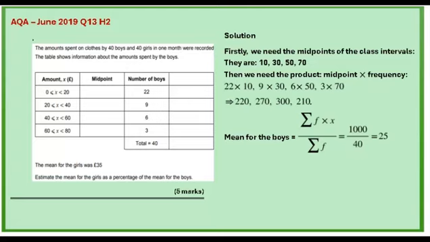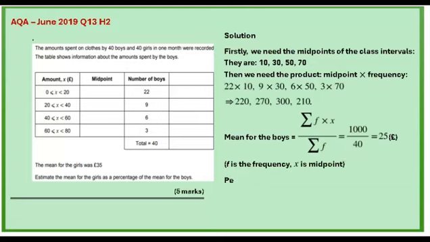So in the end, we have 25 pounds. That's the mean expenditure for the boy in a month. In the formula, f stands for frequency, x stands for midpoint.